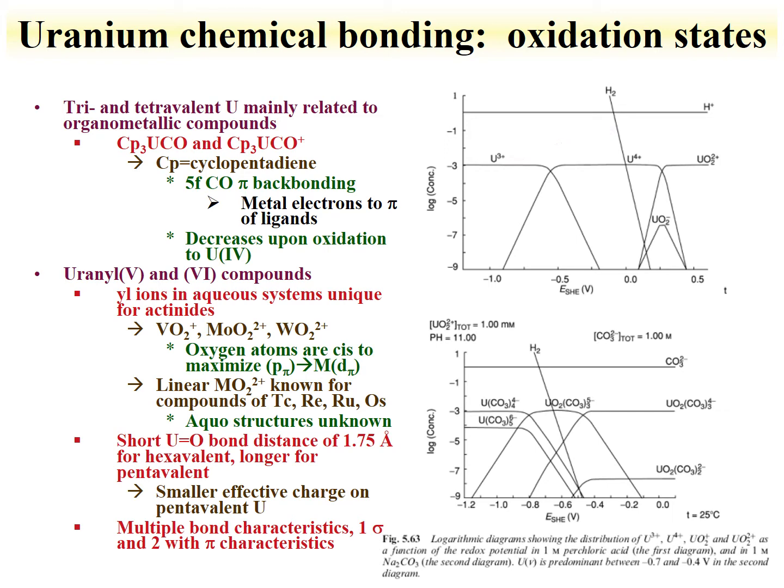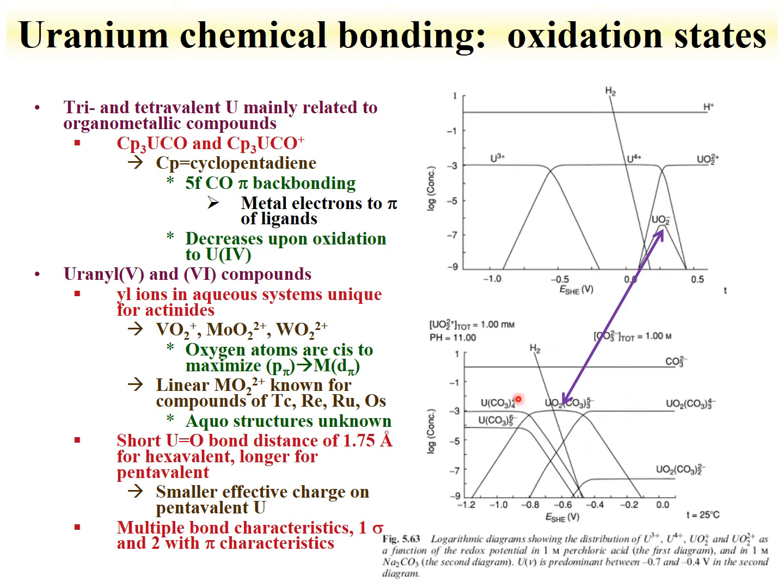The other thing we want to point out is that by changing the solution concentrations, in this case something very basic with a lot of carbonate, we see that uranium-5, shown here, is stabilized to a greater extent through the formation of this carbonate species.